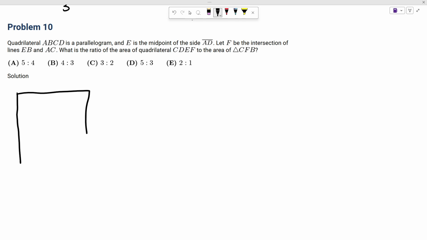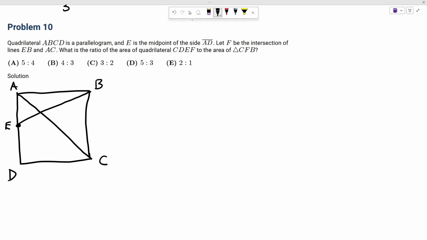Let's just let ABCD be equal to a square. E is the midpoint of AD, and F is the intersection point of EB and AC. And now we want to find the ratio between this and this.